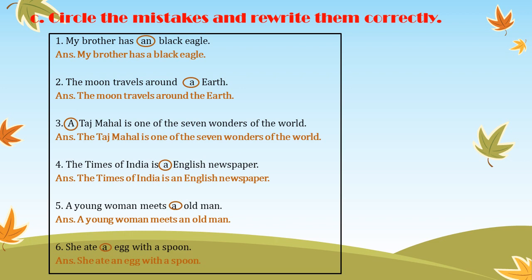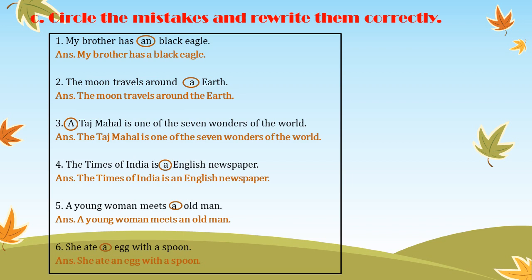Here the mistake is an because with black we have to use a. Because the word black begins with a consonant letter B, so we have to use a. The answer is my brother has a black eagle. In the same way, we have to do the other questions also.